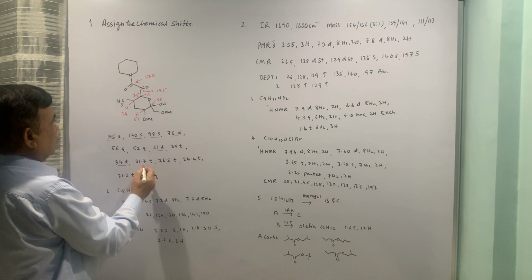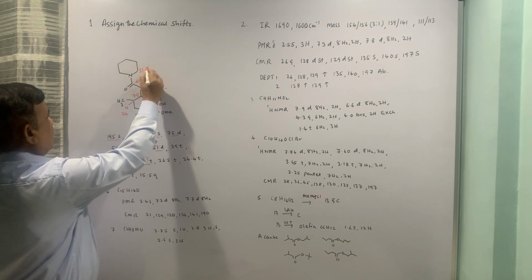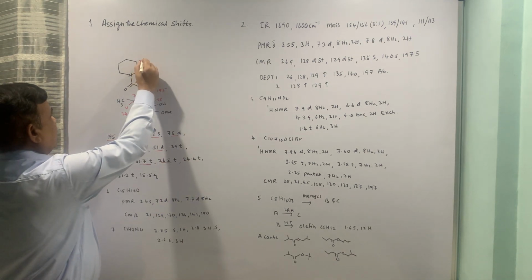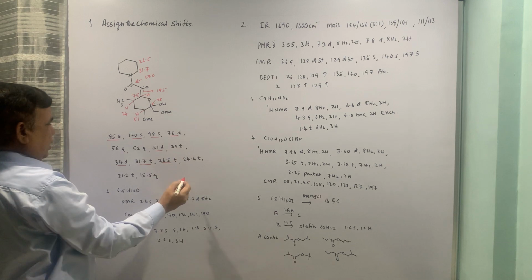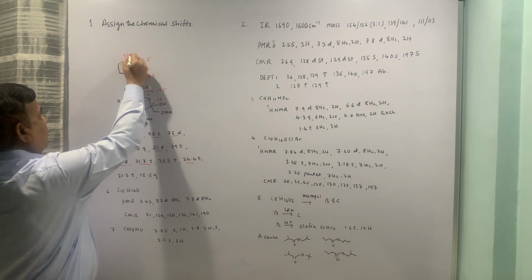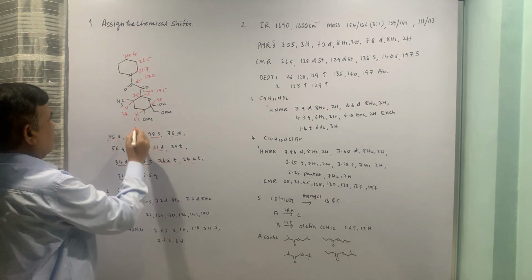Now the triplets. Triplet 31.7 is this one, CH2N. Then 26.5 is next, 24.4 is this one, 21.2 is this one.